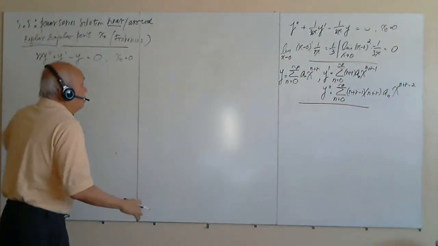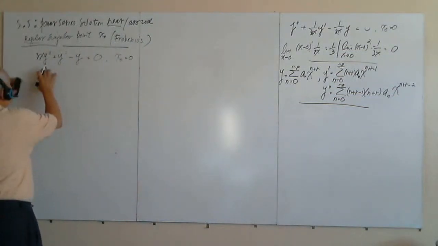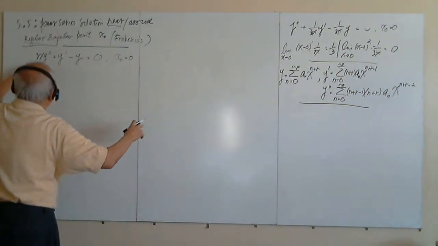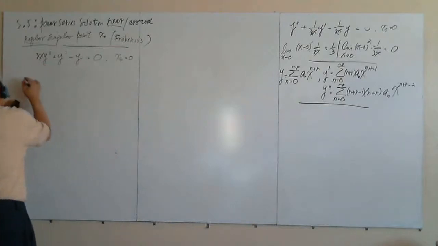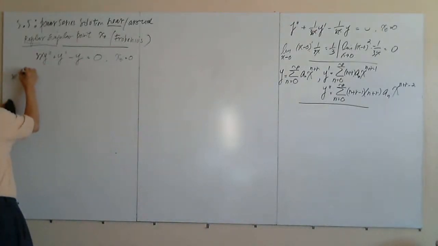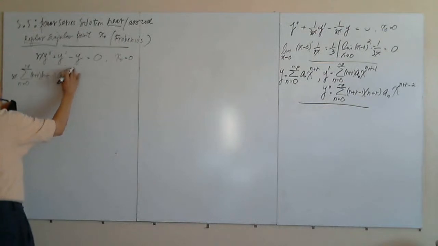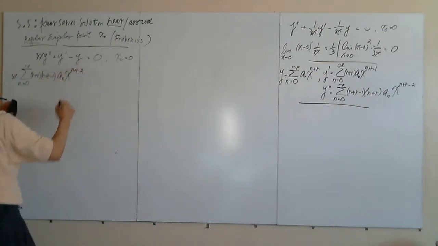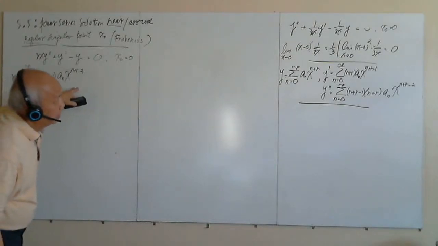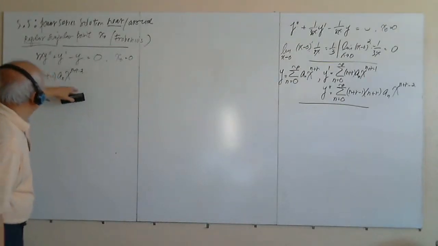So we got 3x times the double prime. So I got here 3x times the sum, n equal to 0 to infinity, of n plus r, times n plus r minus 1, a sub n, x to the n plus r minus 2, to make sure that I got it right. Yes, okay.